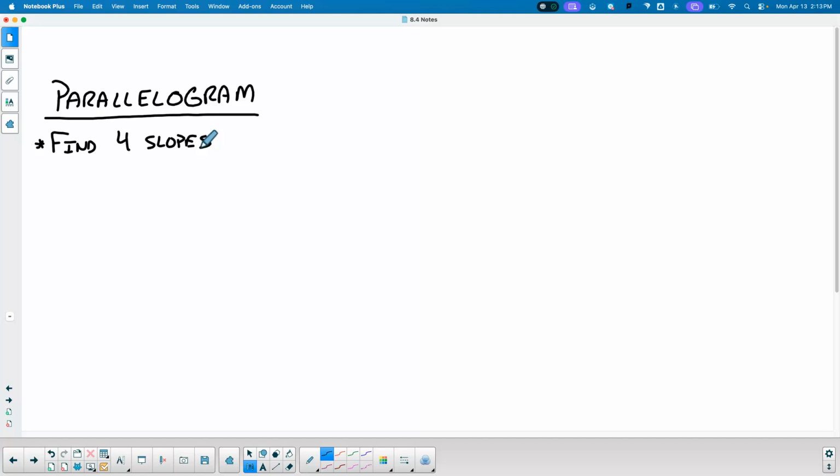But in a parallelogram, we have to have 2 pairs, right? Yep. Okay. So we have to show that we've got 2 pairs of parallel sides. Okay. What else do we have to show? What about the side lengths?